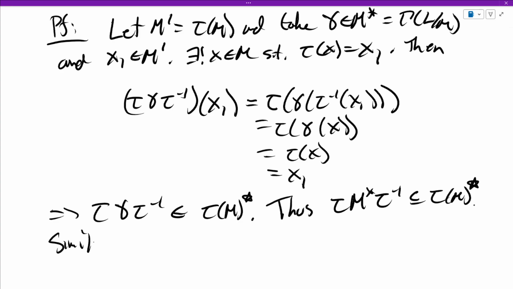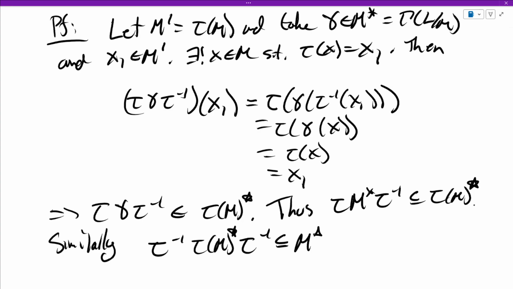Similarly, by symmetry, we can do tau of M star, tau inverse. We get tau inverse tau of M star, tau inverse, contained in M star.